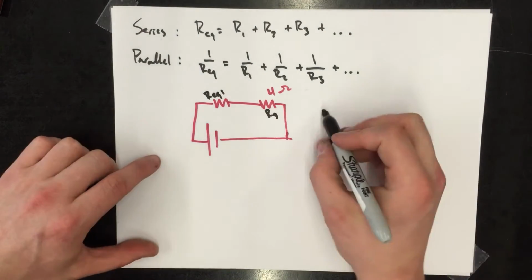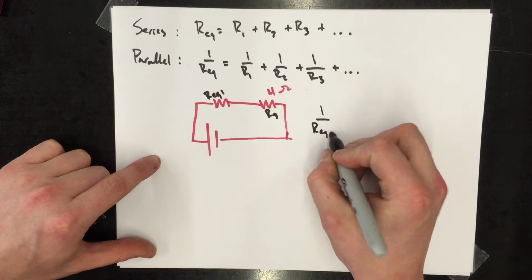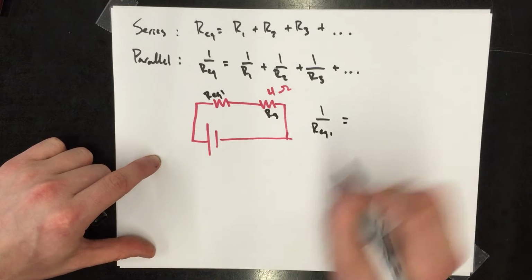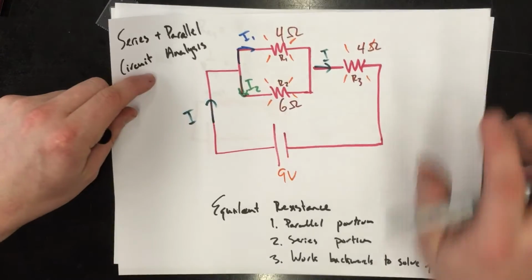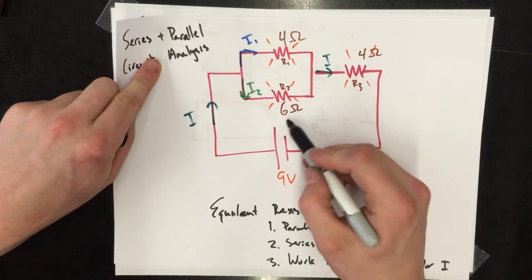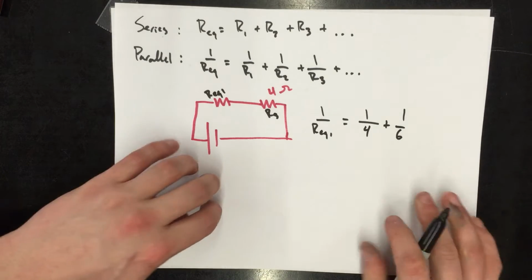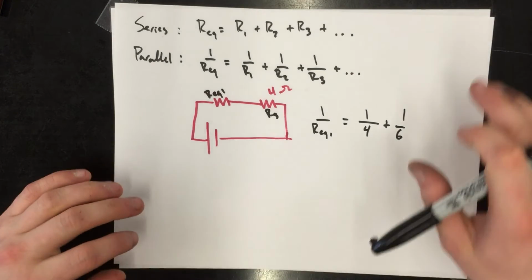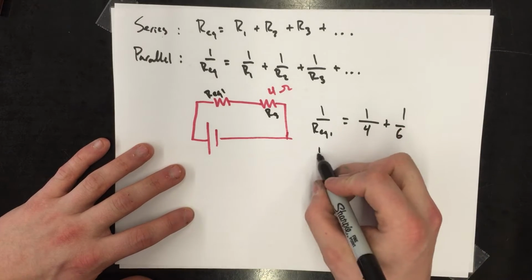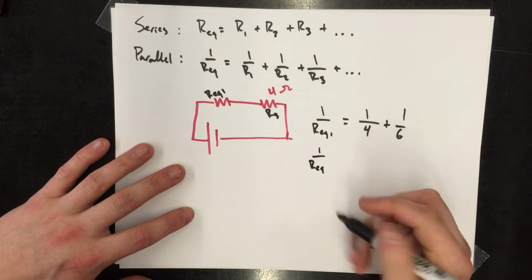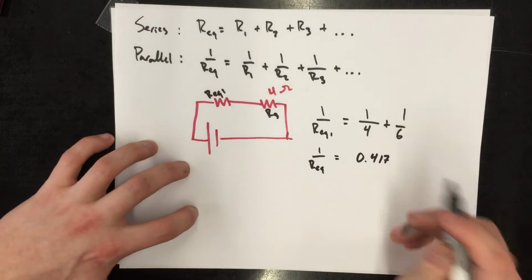To solve for that, I need to use my parallel equation, that 1 over REQ1, because that's what I'm calling it, equals 1 over R1 plus 1 over R2. R1 is 4 ohms, R2 is 6 ohms. So 1 over 4 plus 1 over 6. When I put this into my calculator, I get that 1 over REQ is equal to 0.417.